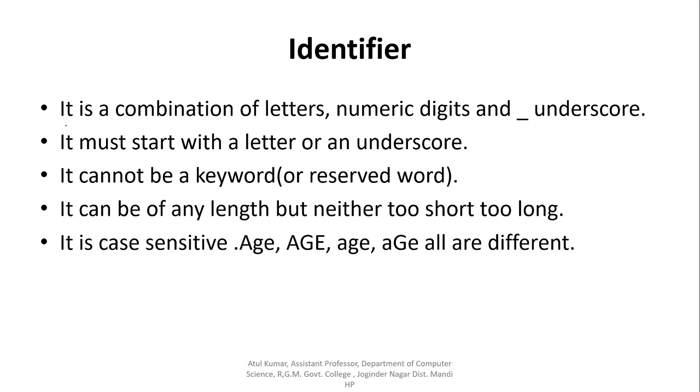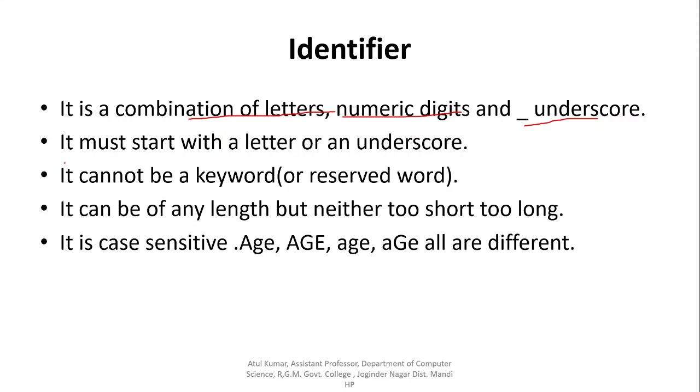Next, there are some rules for how identifiers are specified in Python. An identifier is a combination of letters, numeric digits, and an underscore. The underscore is the only special symbol that you can use in building an identifier.